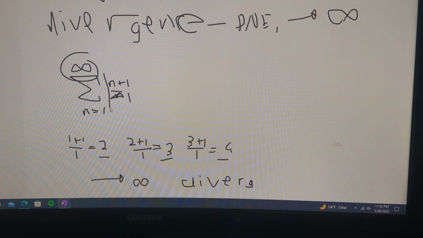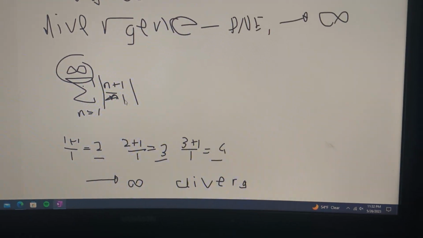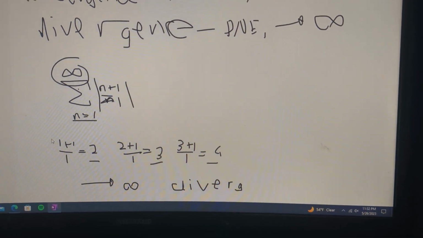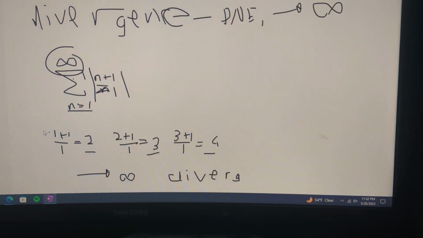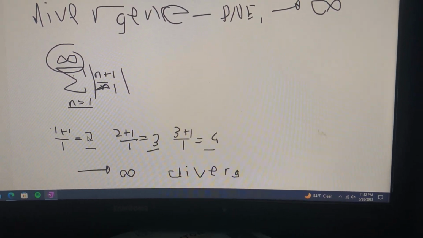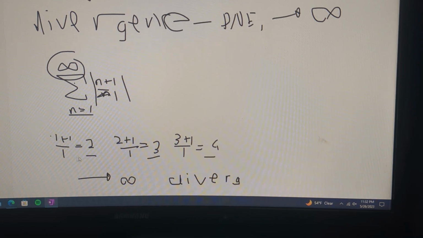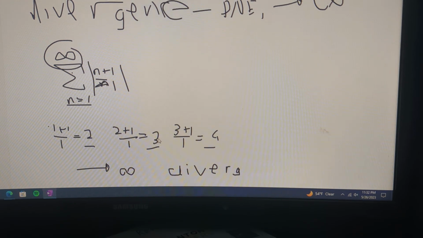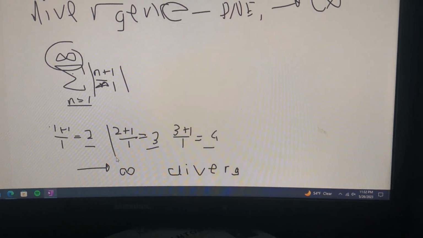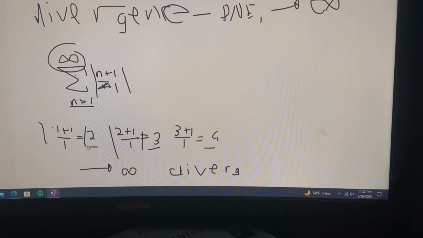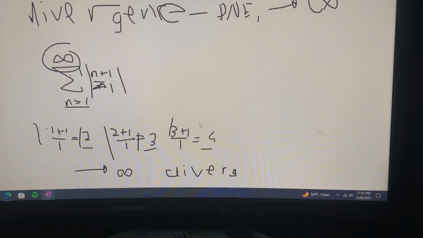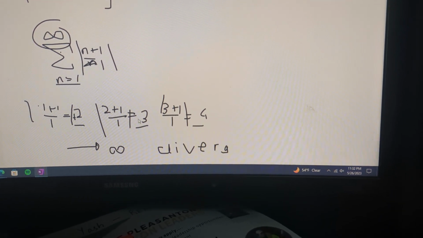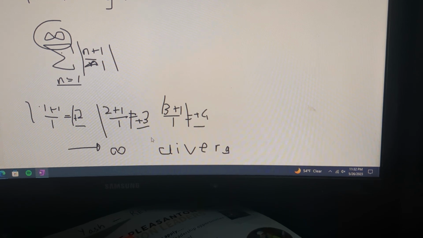But now we have to look at the absolute value of this same series. If we do the absolute value of the same series starting at 1, the numbers in the series are still going to be the same. 1 plus 1 over 1 is still positive 2. 2 plus 1 over 1 is still 3, and the absolute value of 3 plus 1 is still 4. All these numbers in the series are positive, so they all remain the same.